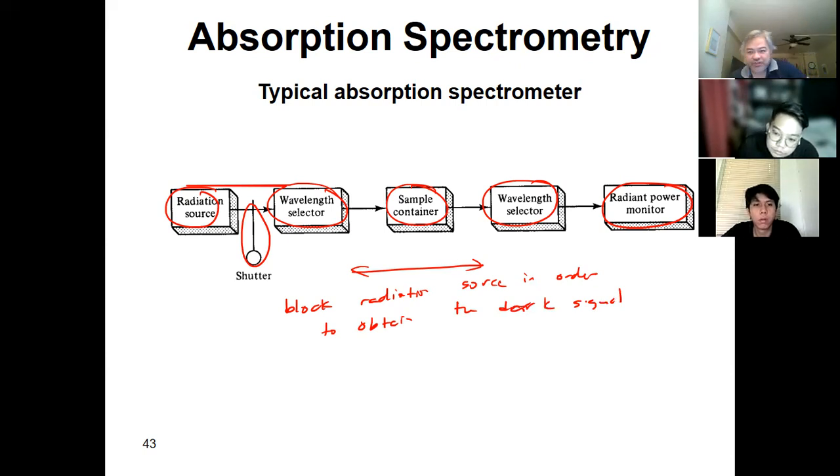And usually in the wavelength selector, you only allow one wavelength, which is required.